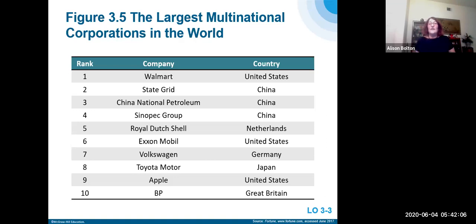And then ExxonMobil here back in the United States. Volkswagen in Germany, and Toyota Motors in Japan. And of course, we have Apple here in the US. And then BP stands for British Petroleum Oil Company. And they do the most amount of drilling for oil out of Great Britain.